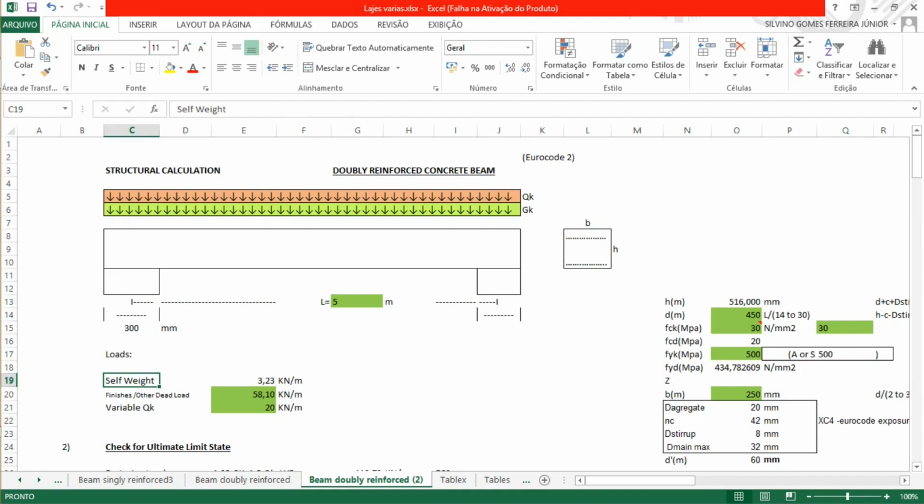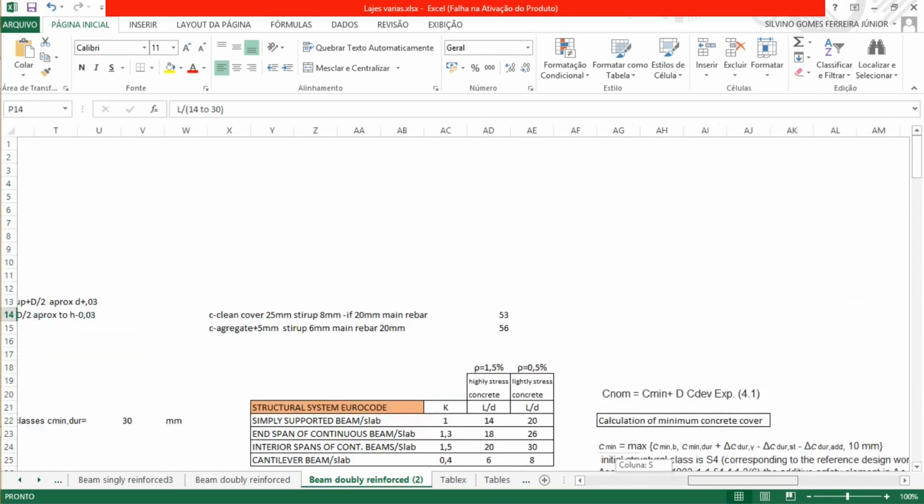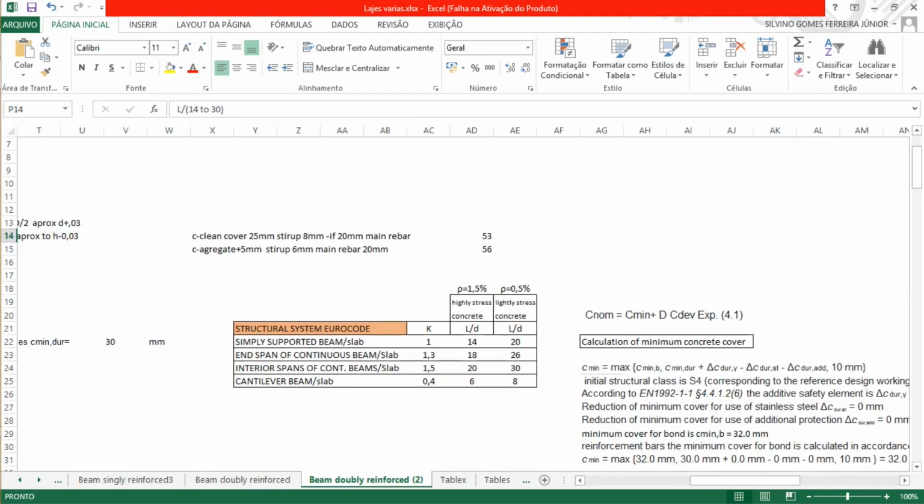Since it's a simply supported beam, the effective depth will be calculated according to the Eurocode, L over 14, for example, because from this table, since it's a beam, it will be highly stressed concrete and not lightly stressed concrete. It's highly stressed and a simply supported beam.